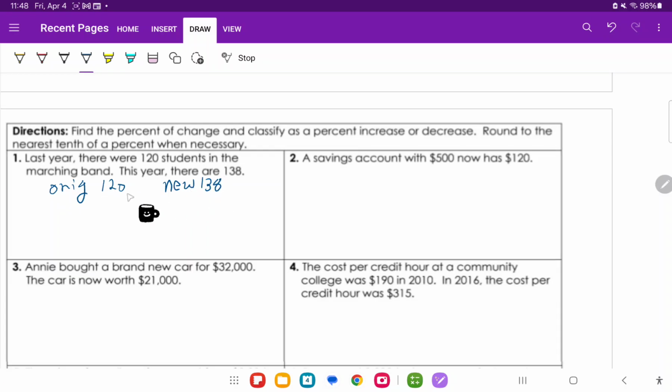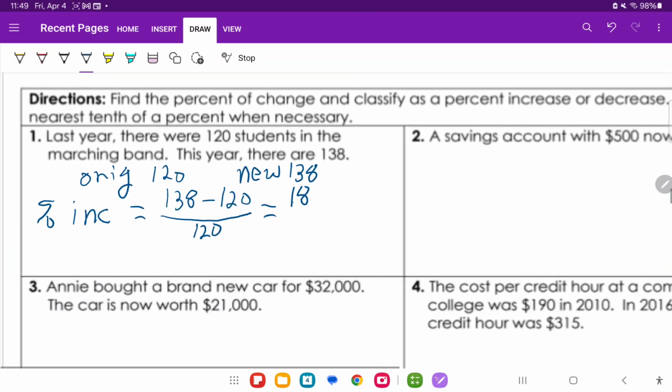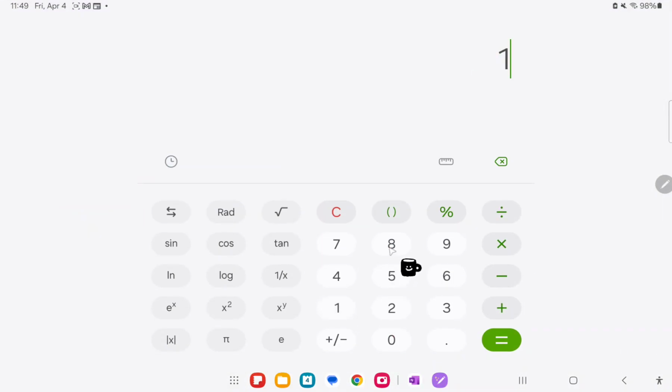So that is an increase. So it's going to be a percent of increase. So you take the new minus the old divided by the old. All right, so that is going to be 18. 18 divided by 120.